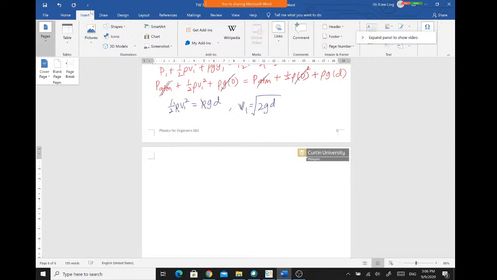Now from the volume flow rate equation, volume divided by time equals A1 times V1.